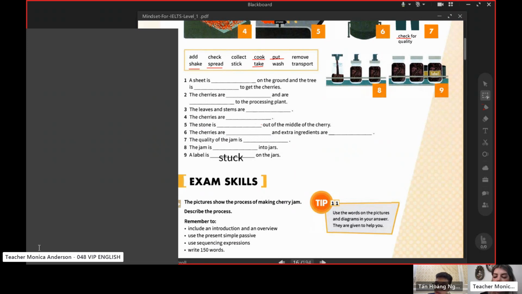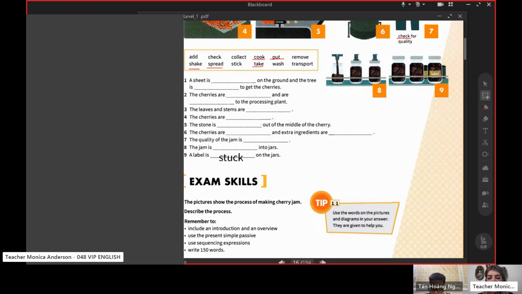Very good. But now, let me say something. Instead of the process, what can we use? Let me write it in the chat box so that you can have it. We can use illustration. It means something like picture or process. They are synonyms. So you can say, for example, the given illustration.